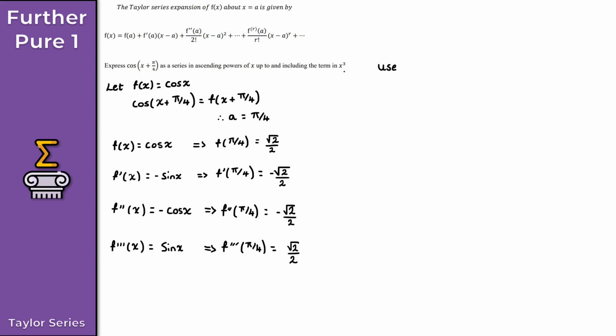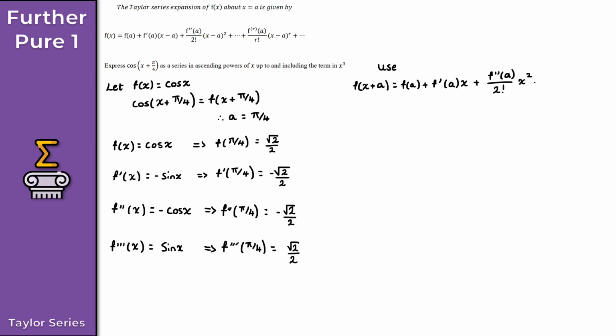So what I'm going to do here then is use f of x plus a. This was for f of x here, right? Because we have cos of x plus pi over 4, I'm going to use this Taylor series expansion here. So for this Taylor series expansion, this is simply f of a plus f prime of a times x, plus f prime prime of a all over 2 factorial times x squared.